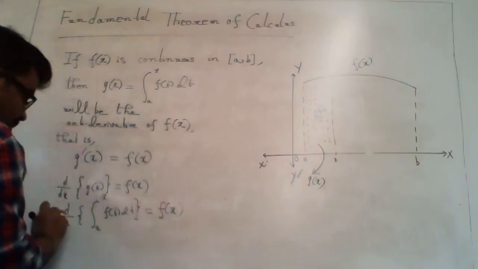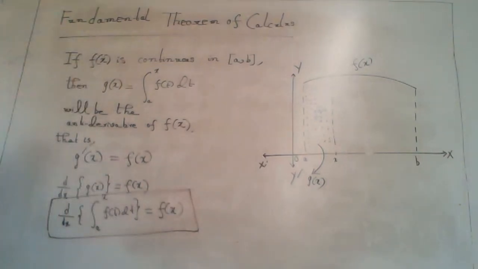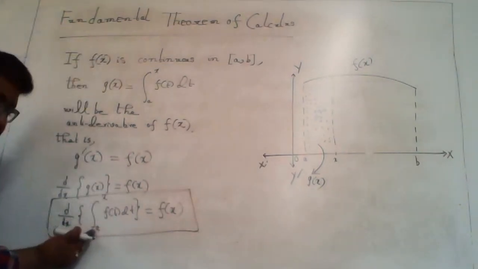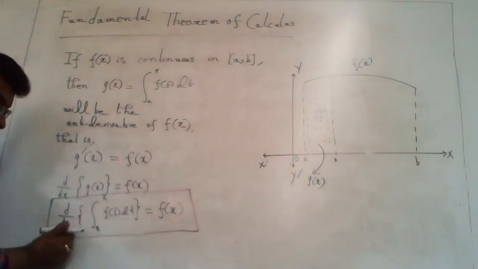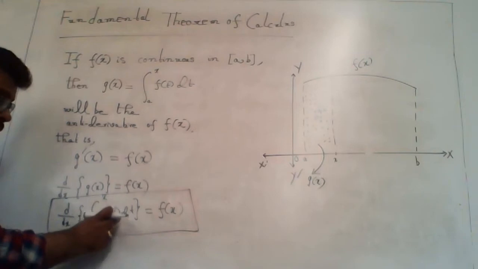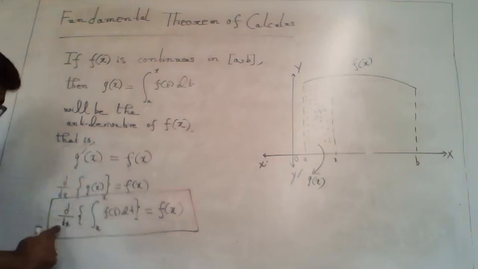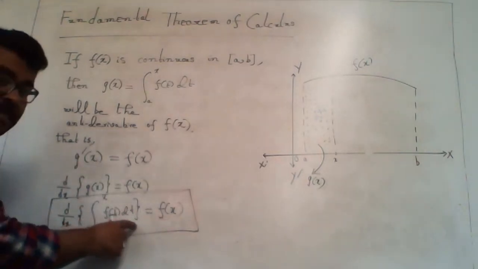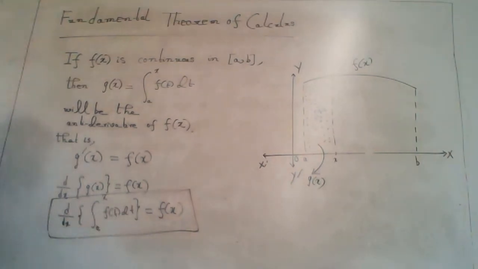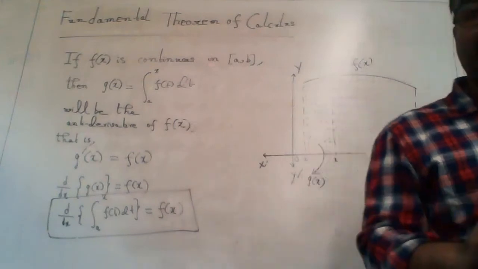So observe this expression very, very clearly. Here I am integrating from a to x of f(t) dt, and after that I am differentiating again. So if I take a function and first integrate it from a to x, and then differentiate it, I will get back the original function. This gives me a solid proof that differentiation and integration are reverse processes of each other.